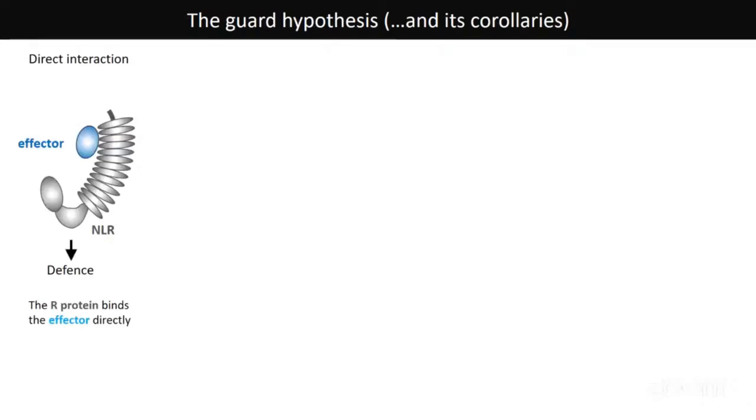Okay, so by way of a little further introduction, and this relates, I think, to the question that Staffan asked at the end of my first talk, and that is, how do these receptors work? And the most simple model is that they detect the effector from the pathogen.